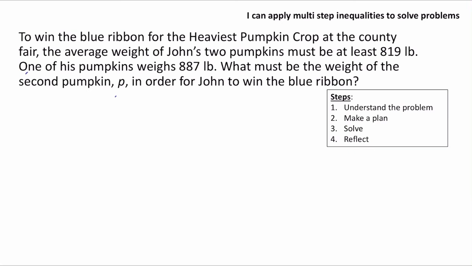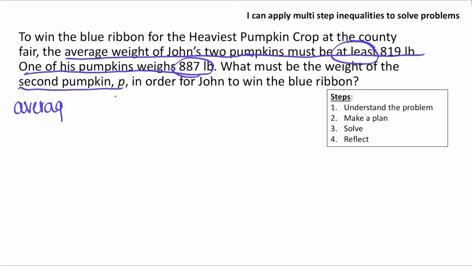So let's look for the important information in this problem. So it says the average weight must be at least 819 pounds. That at least is one of our important phrases that's going to translate into an inequality. So it says one pumpkin weighs 887 pounds. What must be the weight of the second pumpkin, P, in order for him to win the ribbon? So our important information is that the average is at least 819.